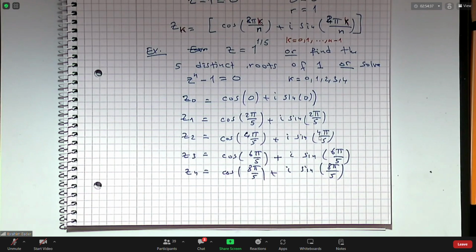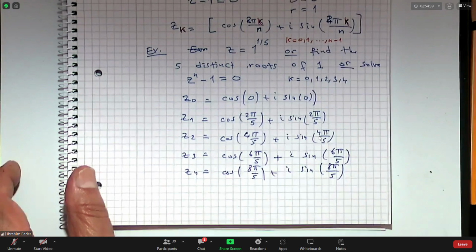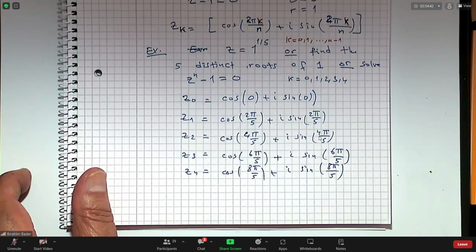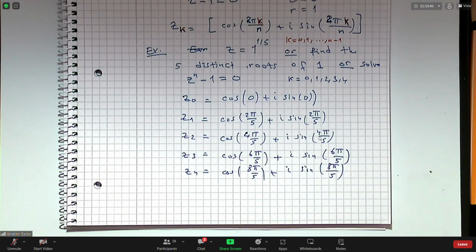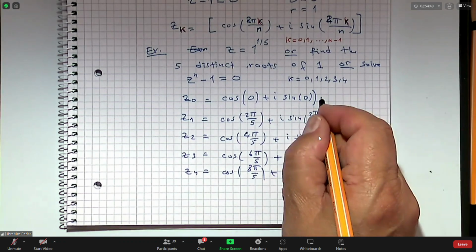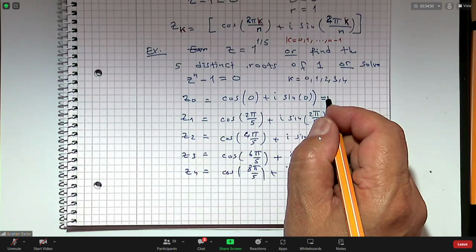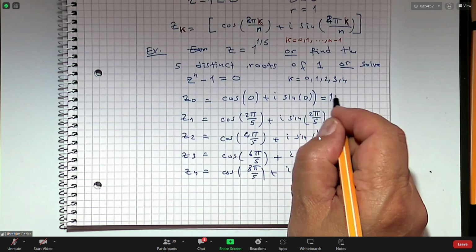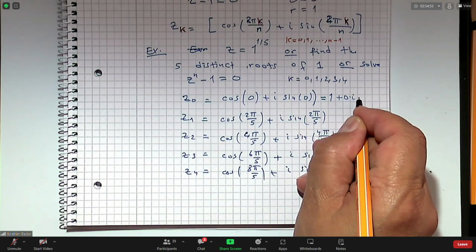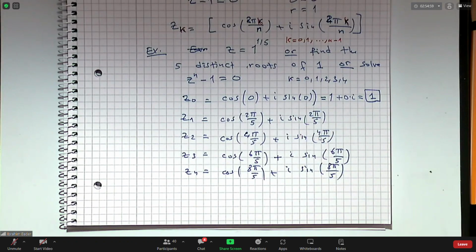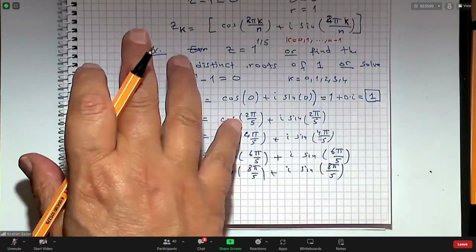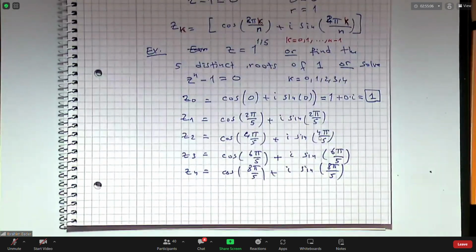Now, obviously, if you evaluate the first one, what is cosine 0? It's 1, plus 0 times i, is equal to 1. So this is the first root, the real root. Now here you can evaluate sine and cosine.